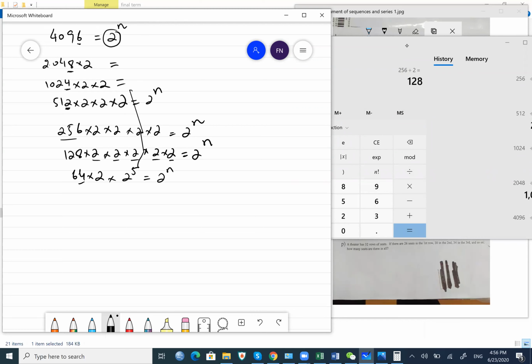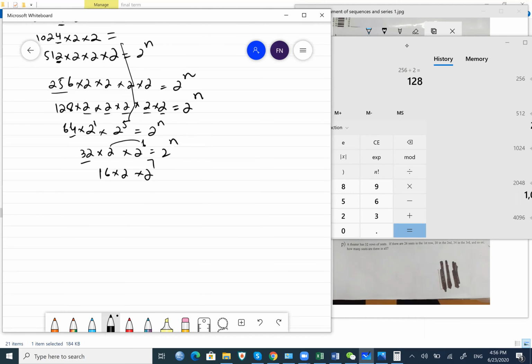Now again this 64 is 32 times 2, and this 2 I can write as 2 raised to power 6. Again this 32 is 16 times 2, and this 2 again I can write as 2 raised to power 7. This 16 is 8 times 2, times 2 raised to power 8.